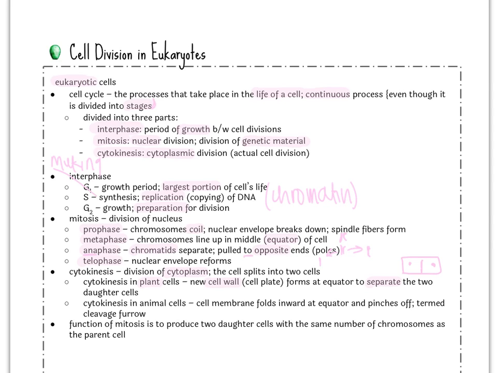But cytokinesis in animal cells happens a bit differently since we don't have cell walls. The cell membrane folds inward at the equator and pinches off, and this is termed the cleavage furrow.